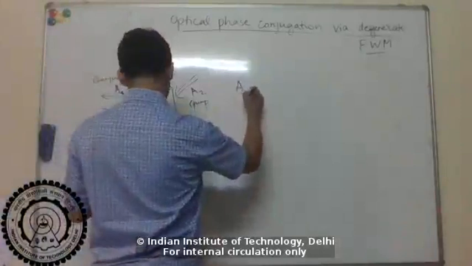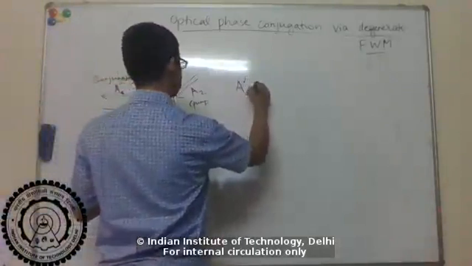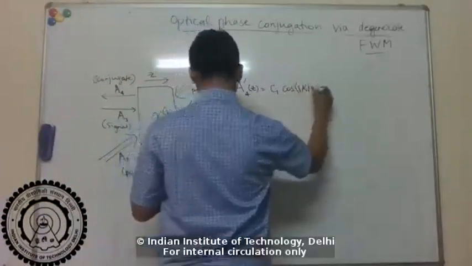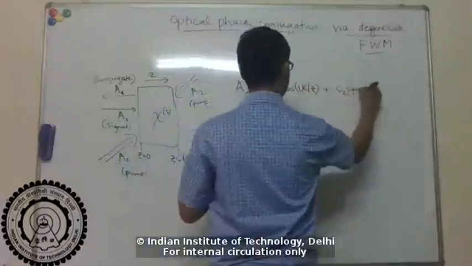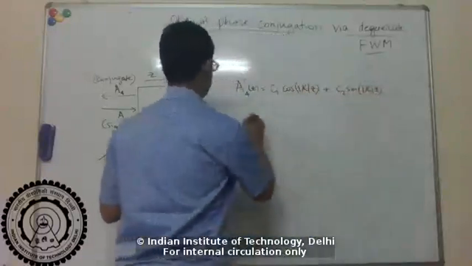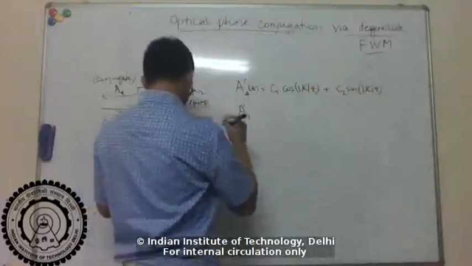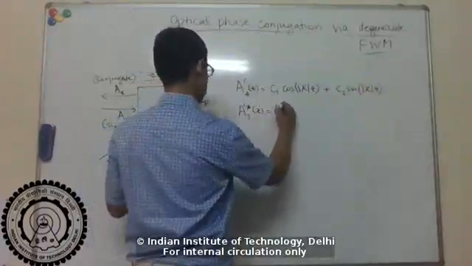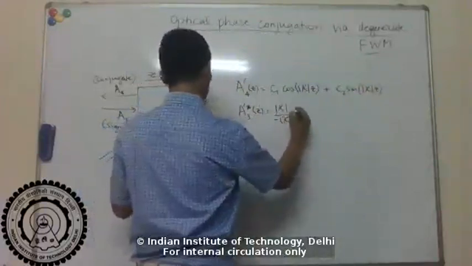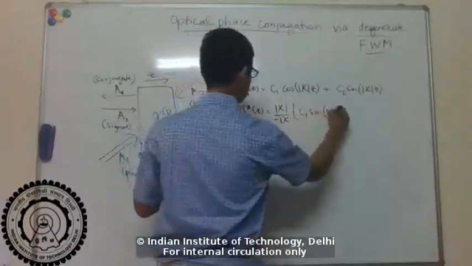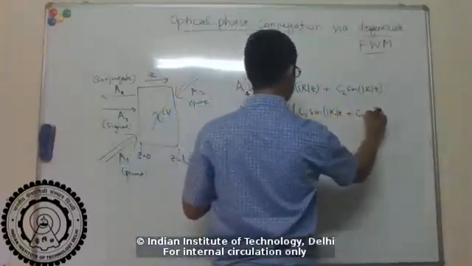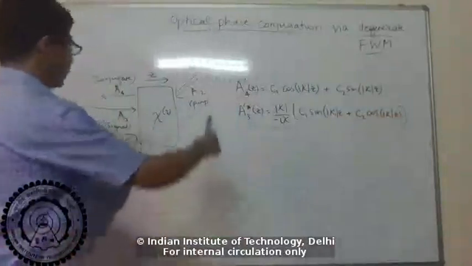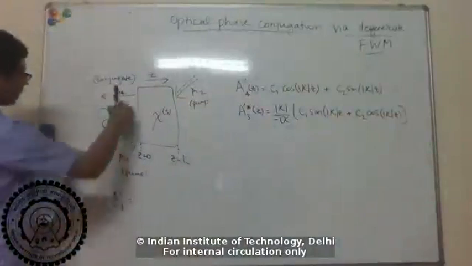So we got something like A4 prime. This A4 prime and A3 prime were related to A3 and A4 just by some phases.